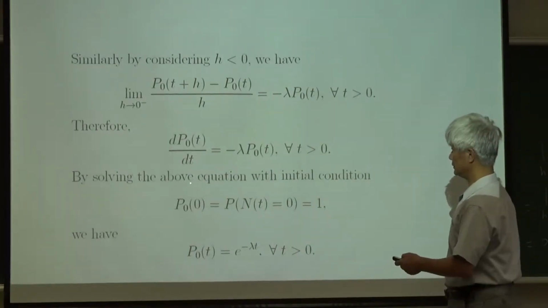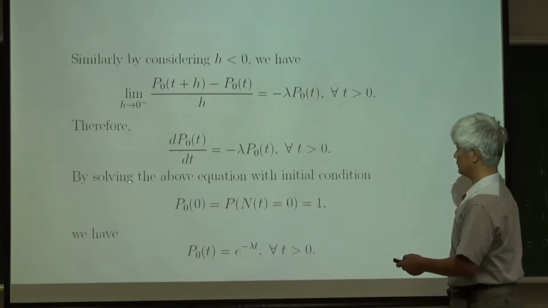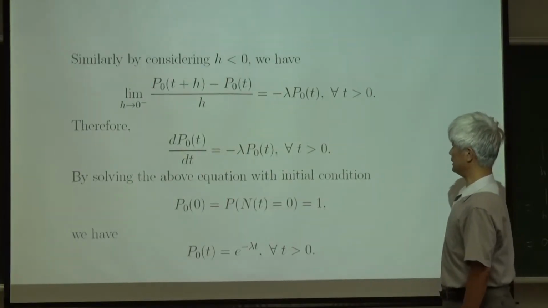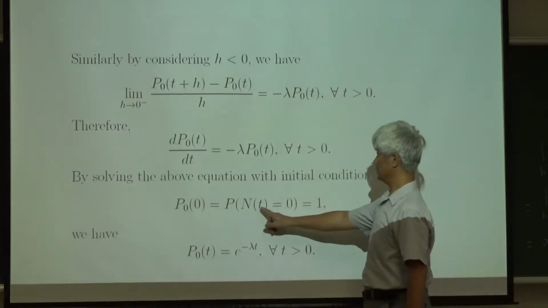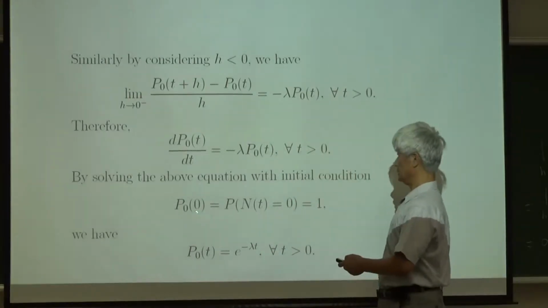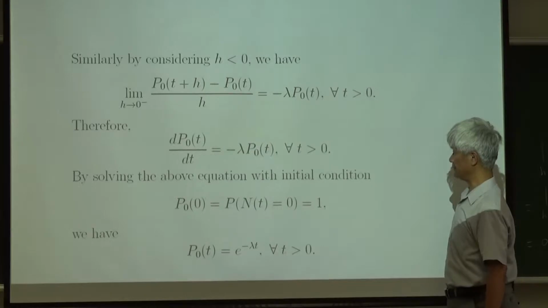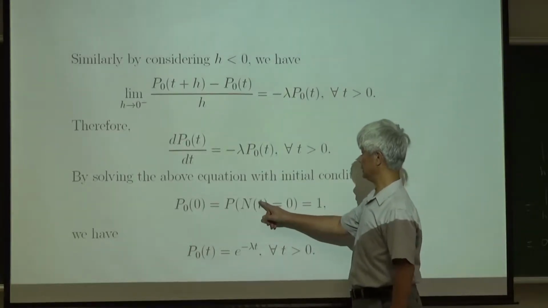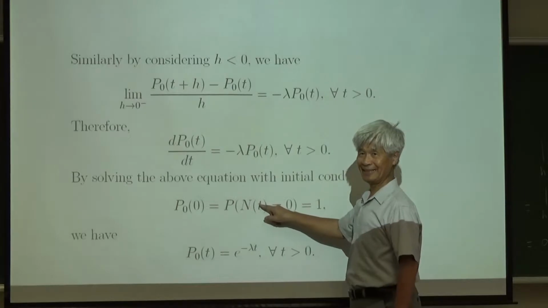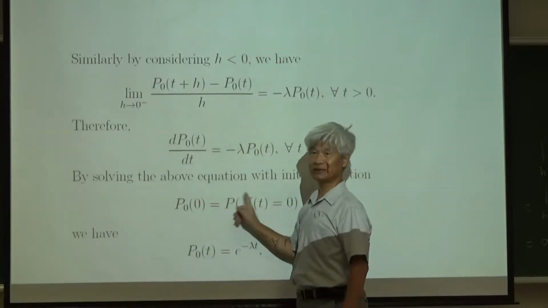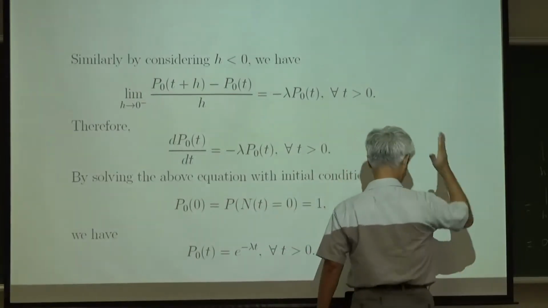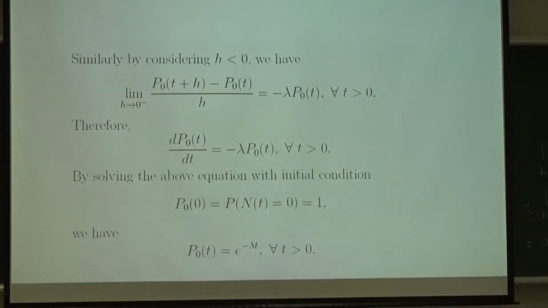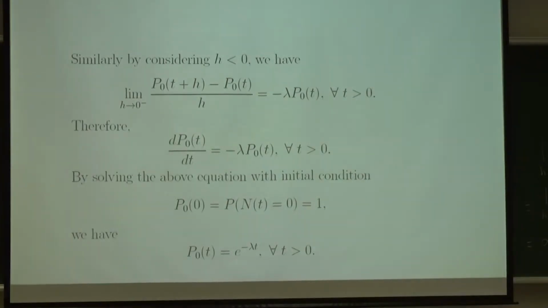And the initial condition, we know the initial condition here. The initial condition is, by our definition, I'm sorry, I have to put 0 here, because it's t equals 0, right?